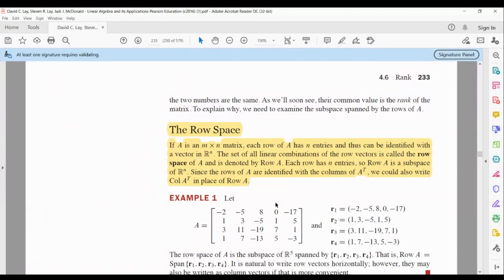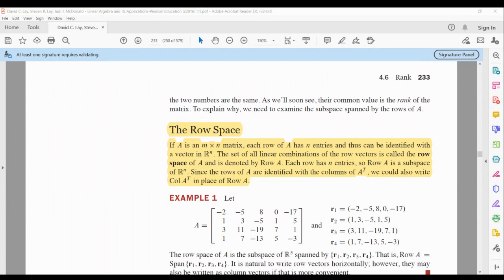Yeah, that would be right, because of the number of columns in the matrix A. If you look at example 1, matrix A has 5 columns, or 6 columns, I should say, and so the row space of the matrix A would have to be a subspace of R6. Okay, and what they're doing is writing down what are called row vectors.